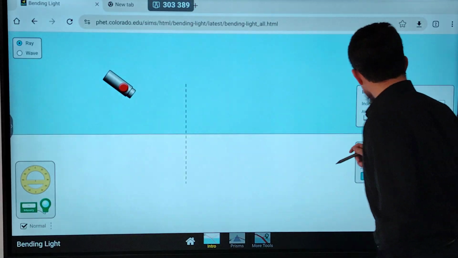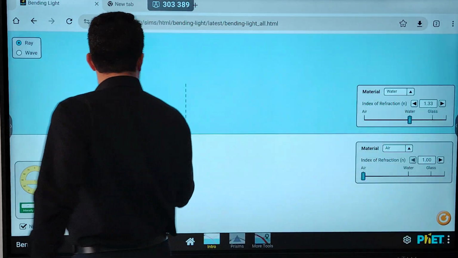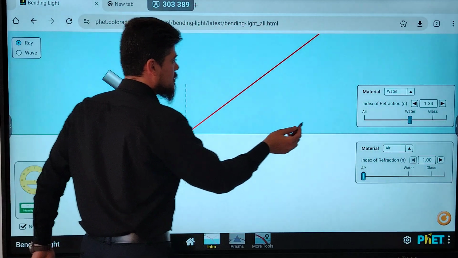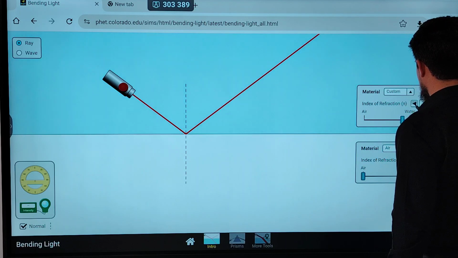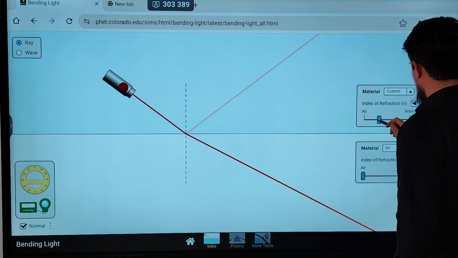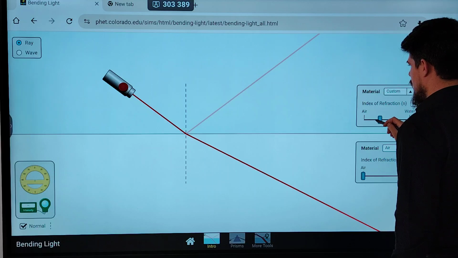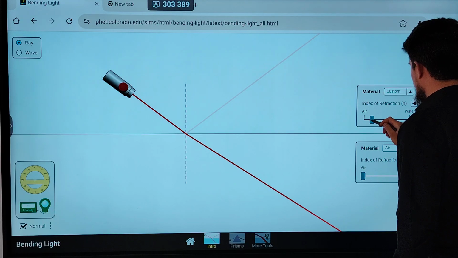Look, let's try it. Sorry, let's make the index of refraction high. Okay, guys, look.